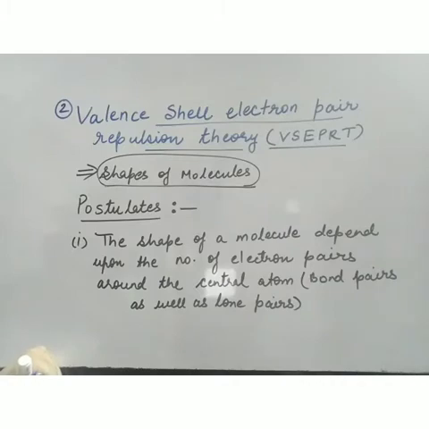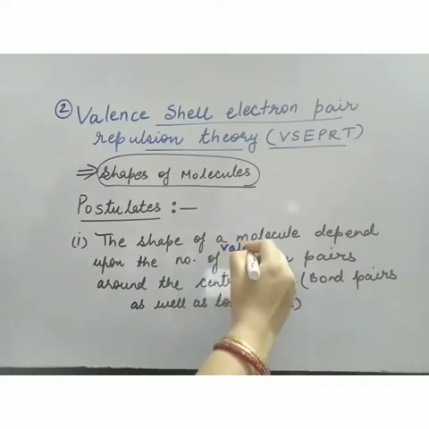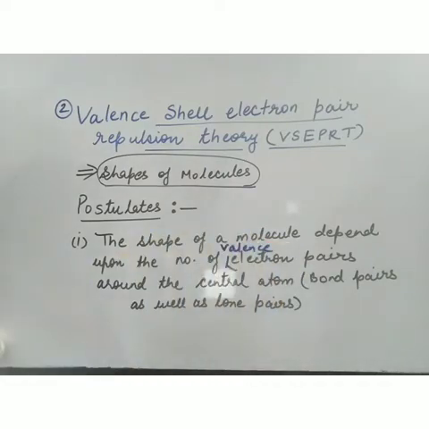These electron pairs can be bond pairs as well as lone pairs. We have seen while we made the Lewis symbols that the central atom in the molecule is surrounded by bond pairs and lone pairs. So those electron pairs will decide the shape of the molecule. Now how it is done, let's see.